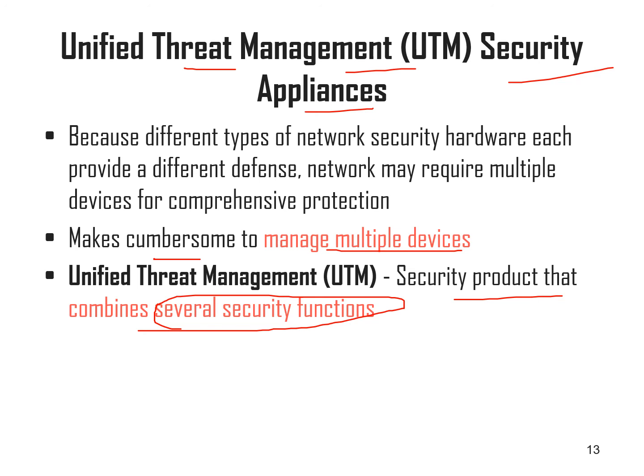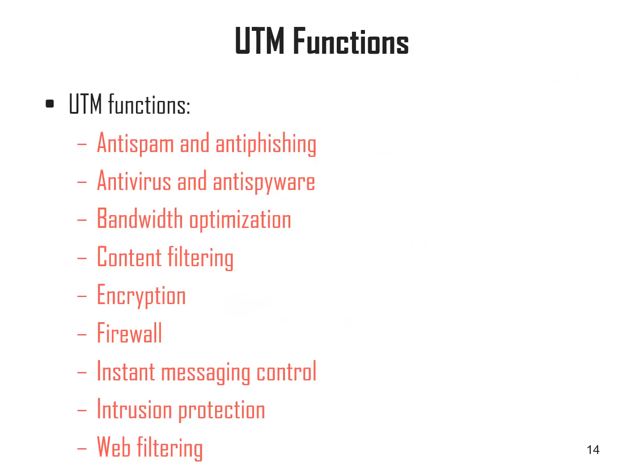For example, it has its own anti-malware protection, its own firewall protection, its own intrusion detection system. So everything it has in its particular model. Because different types of network security hardware each provide different defenses, a network may require multiple devices for comprehensive protection. So to avoid this, we go for unified threat management.